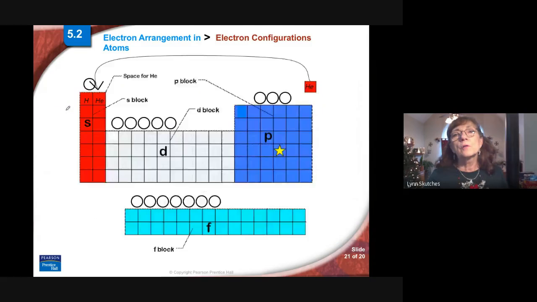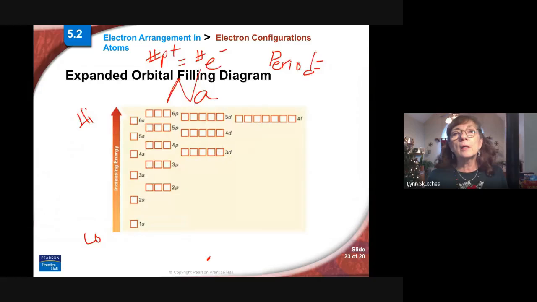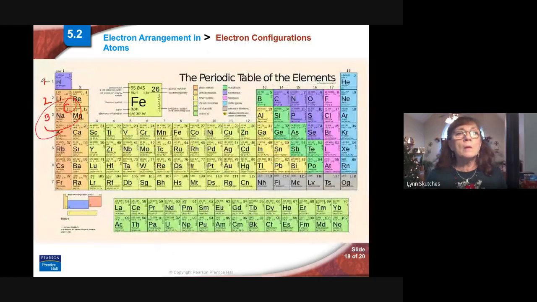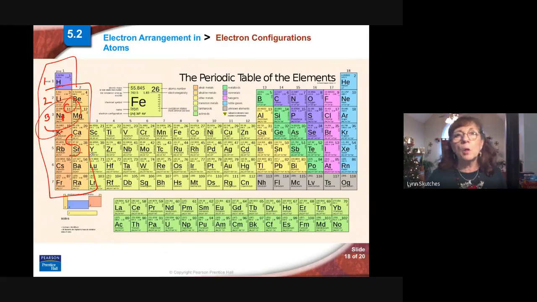Okay? So my beginning, I know that there are 11 electrons that have to have a home, and it's on the 3rd line. The other thing I know about sodium is it's in, I should have included hydrogen, there we go. It's in the S block, and it's in the 1st column of the S block.